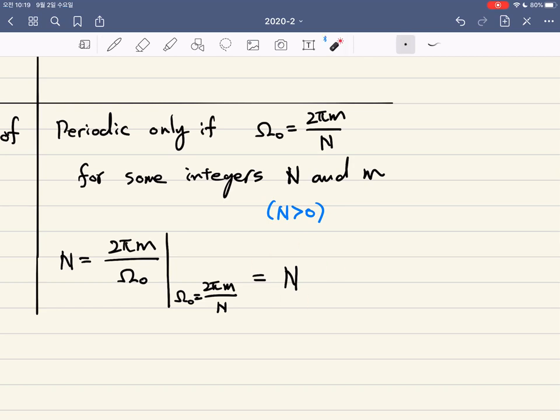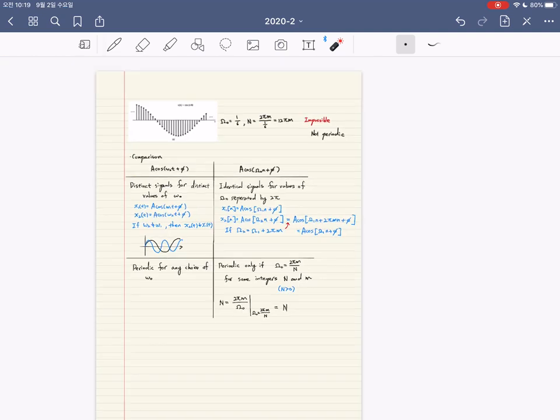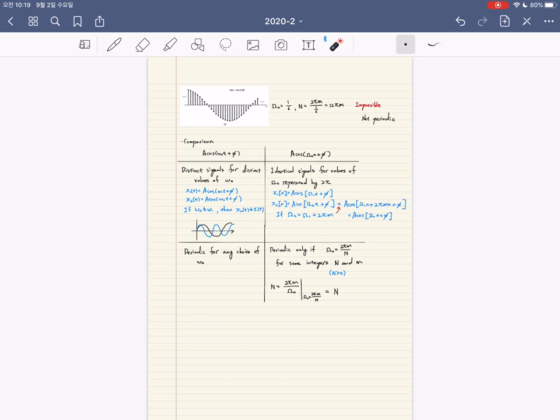So only with a value of this kind, the discrete time signal is periodic. So you can compare these two facts with the continuous time.